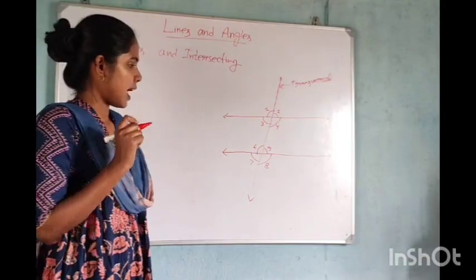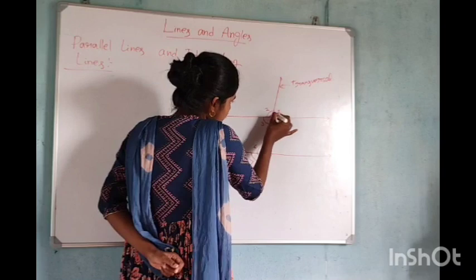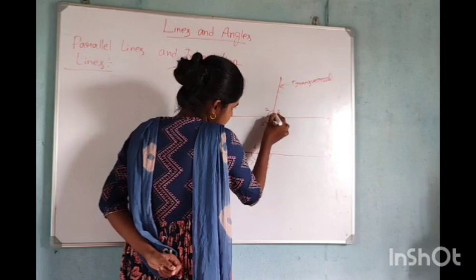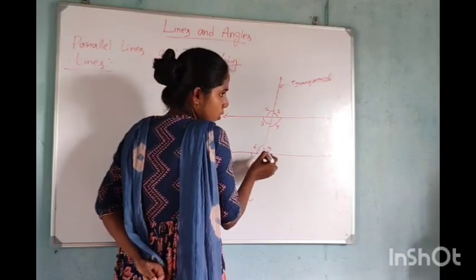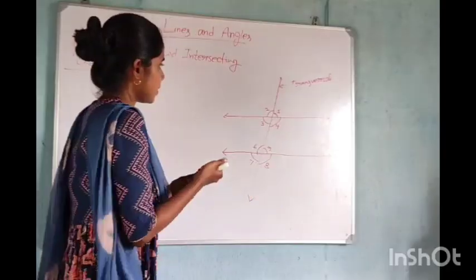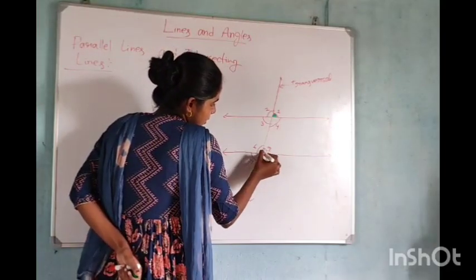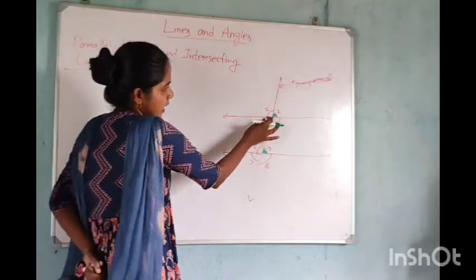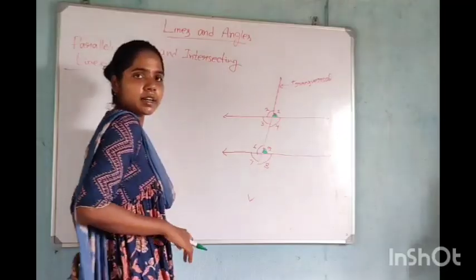Now these angles have very good properties. Can you see this angle? We can take it one by one. This angle and this angle: this angle is above the parallel line, and this angle is also above the parallel line.